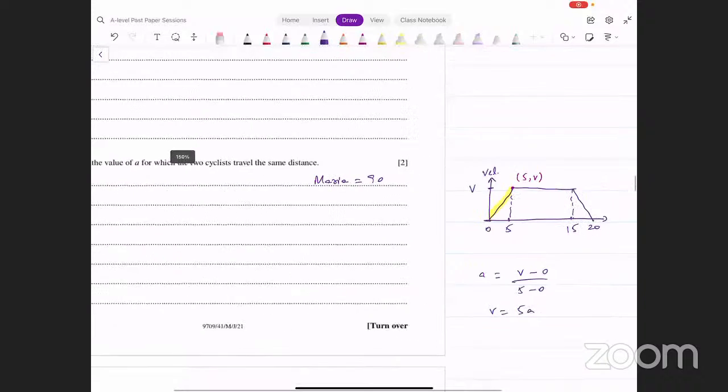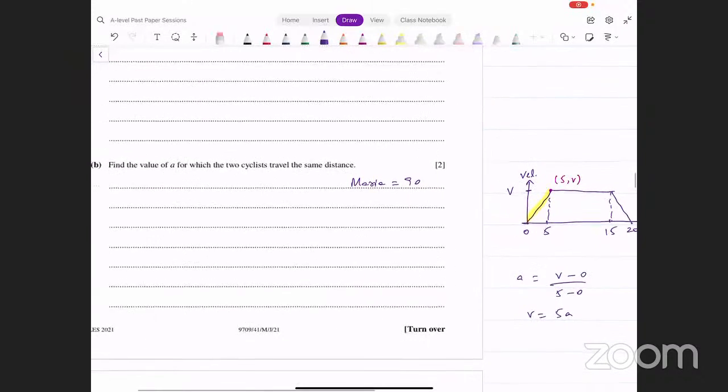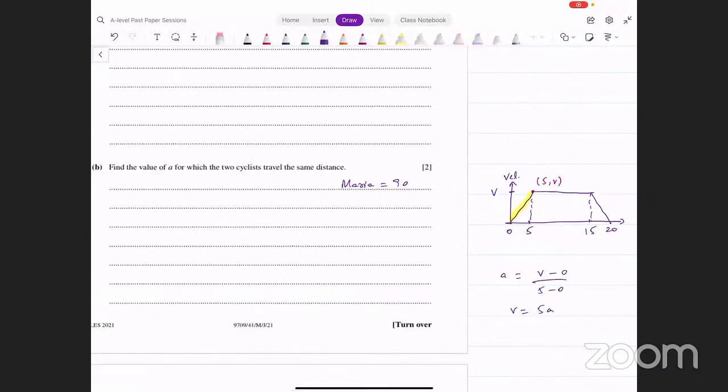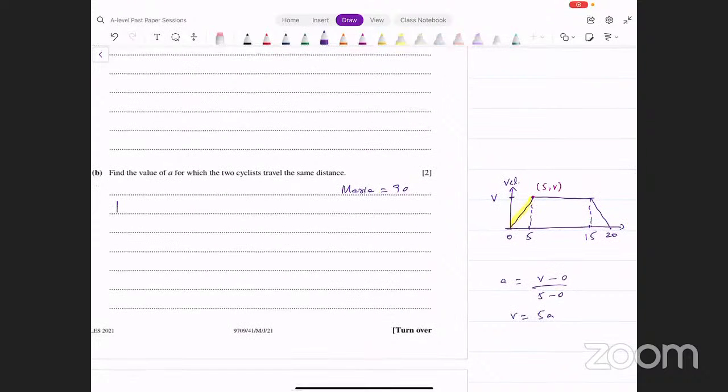Now, what you can do is you can find the area under the graph and equate that to 90. It's a trapezium. Trapezium का formula लगा दें इसके ऊपर. Half into sum of parallel sides, that's 20 and 10, into the height. Height is V. V is basically 5 times A. That equals 90.